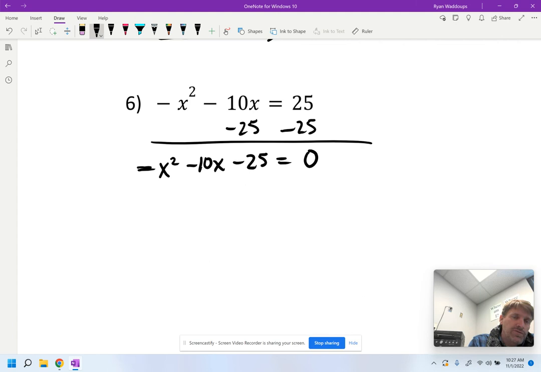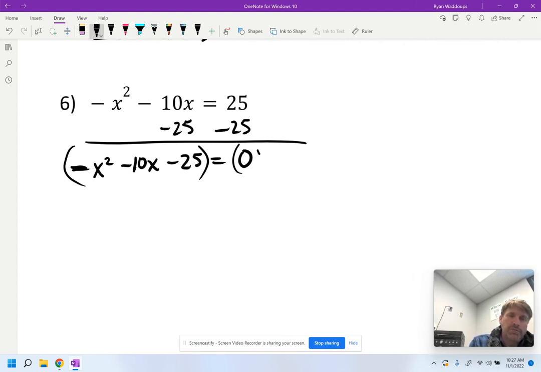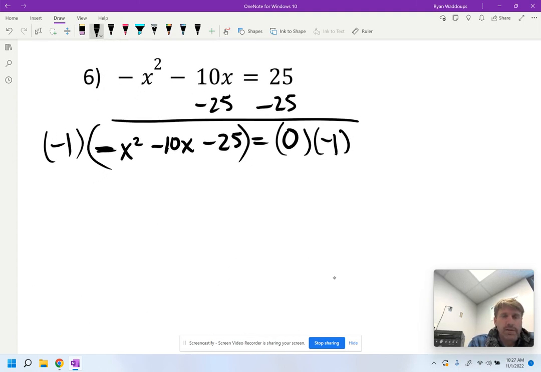Because I have a leading coefficient that's negative, I can get rid of that by multiplying both sides of my equation by negative 1. And that way I don't have to deal with factoring a polynomial that has a negative leading coefficient. So negative 1 times negative x squared becomes plus x squared, plus 10x. You're distributing it through the whole parentheses. That's plus 10x, and then minus 25 becomes plus 25 equals, and then 0 times negative 1 is still just 0.